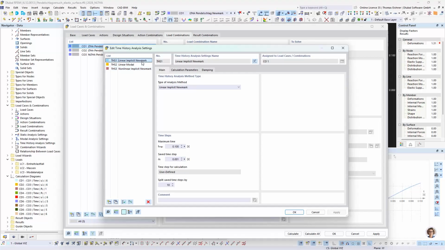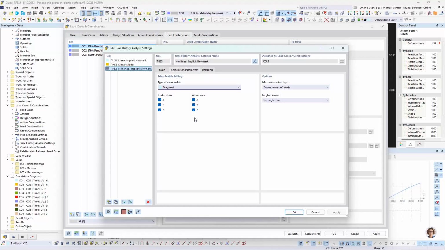In this case, I always made the time steps and splits the same, but we don't need such precise ones for the linear one. However, I just picked it the same. So now we have times that we will calculate 0.15 seconds long. I think that's different. Yeah, I did it longer for the non-linear time history. I will show you why. We have a safe time step of 0.001 seconds, and we will further split it by 10 to have more calculation time steps.